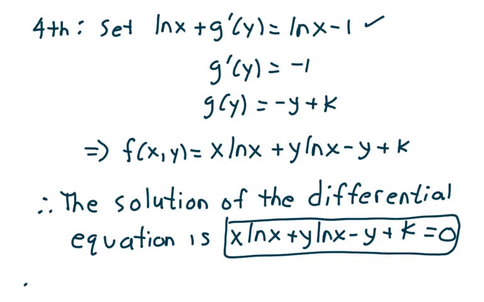So the solution of the differential equation is x natural log of x plus y natural log of x minus y plus k. And I want to just discuss one more example, if we don't mind.